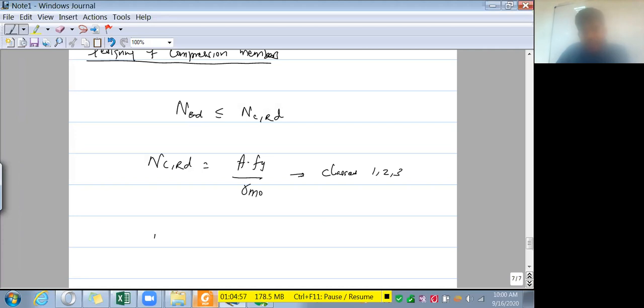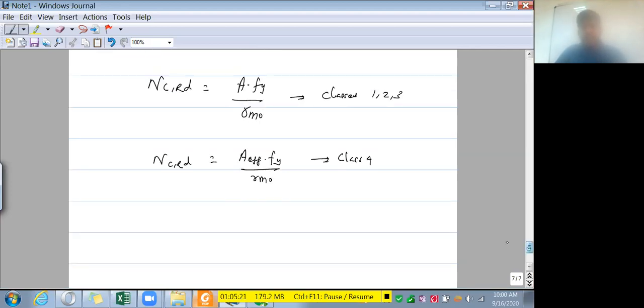So NCRD is equal to A effective into Fy over gamma M0 for class 4. Class 4, that's it. So we'll see the details of that.